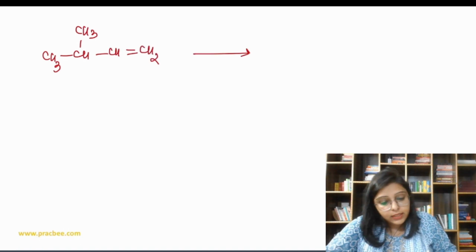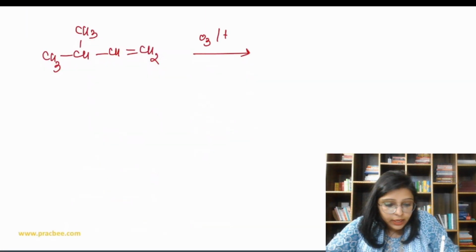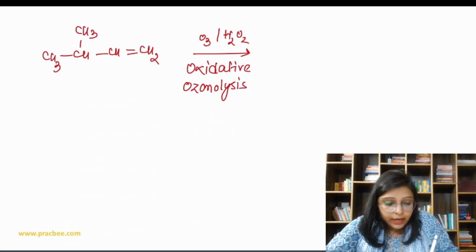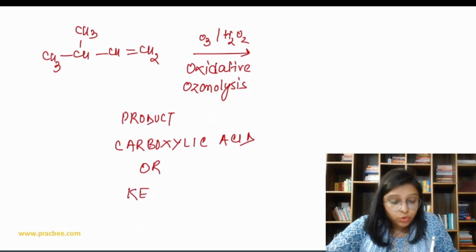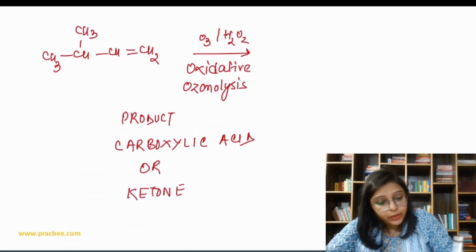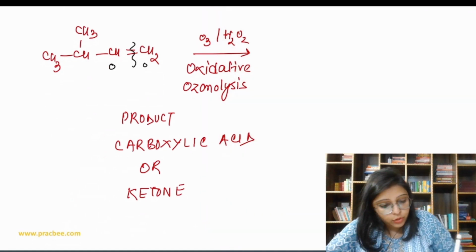Now the next reagent is O3 and H2O2. O3 and H2O2 is oxidative ozonolysis. And here what do we get? We can get either carboxylic acid or ketone. So what is the trick? Just break this, put oxygen.